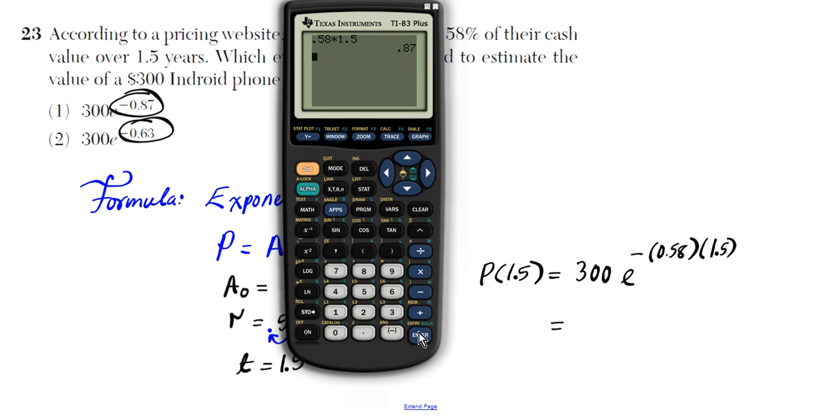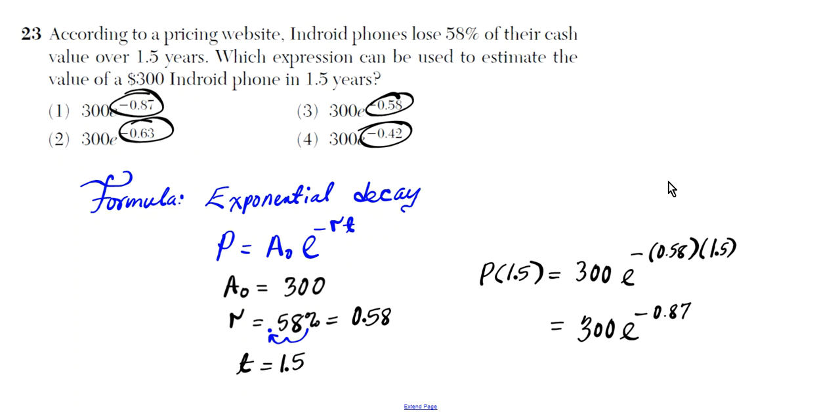We have 0.87. So the correct model will be 300 e to the negative, don't forget the negative, 0.87. So which one matches this expression right here? Our answer is clearly option number 1.